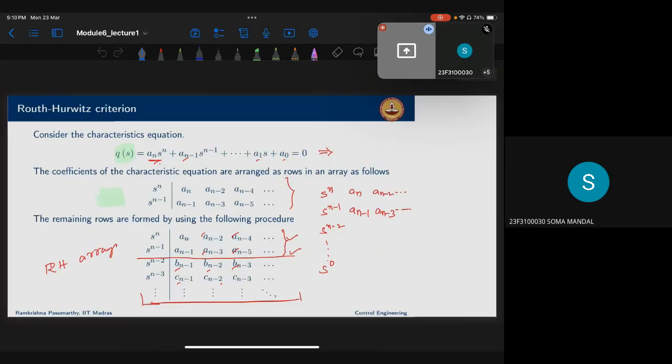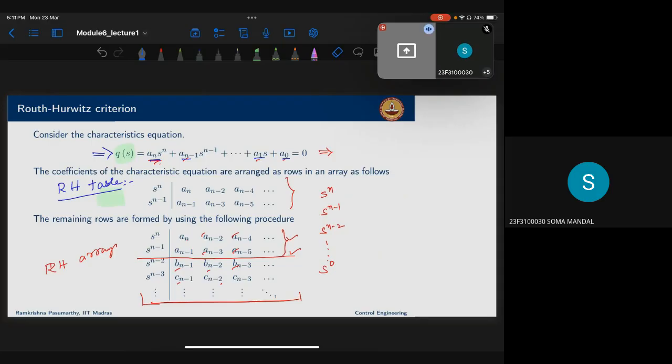So in RH criteria, this is our characteristic polynomial. The first condition is all those coefficients must be positive. Then second, we will form this RH table. Now here you could see, I'll erase this one here.